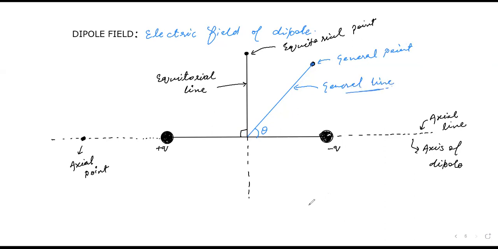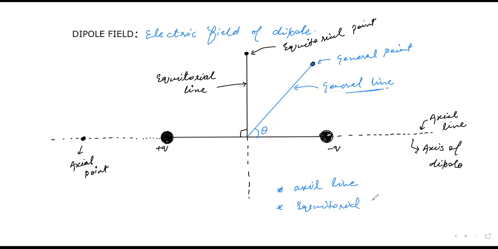Now we are going to calculate the electric field of the dipole on the axial line. This is our first heading. After this, we will study the electric field of a dipole on the equatorial line.